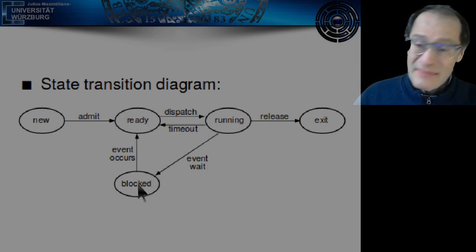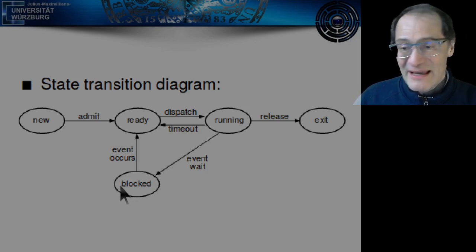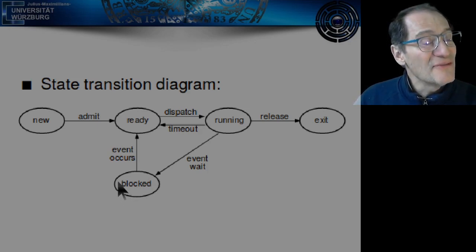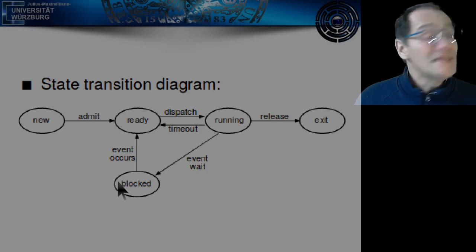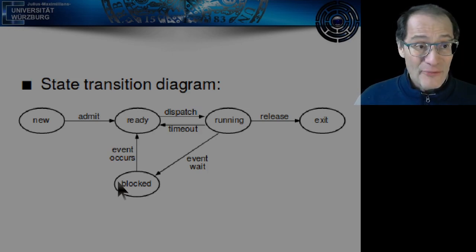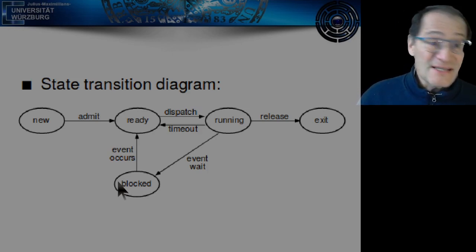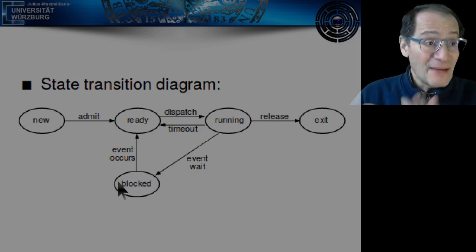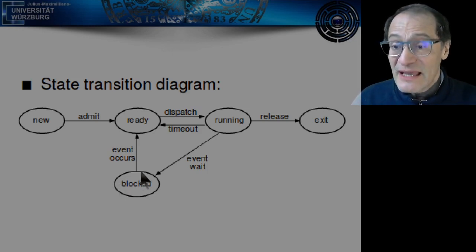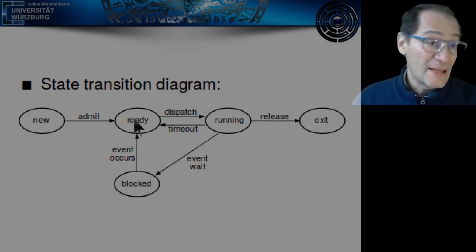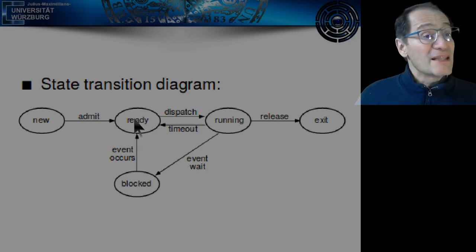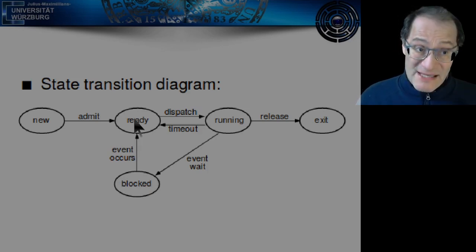At some time point later, this task that was waiting for an event, this event will arrive. Maybe it was waiting for a signal from a device, and the device delivers the data, delivers the signal. Then we take this from blocked to ready. It's ready to be executed because the data it was waiting for is already there.